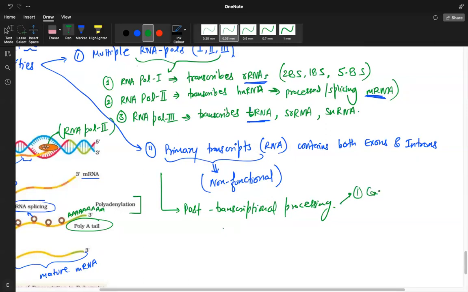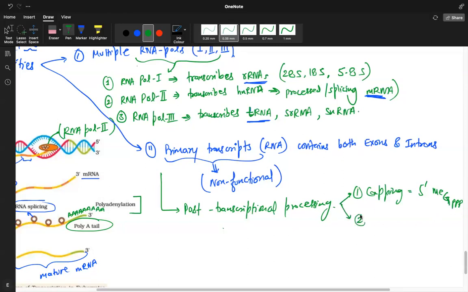One is capping. You put a cap. Capping happens at the 5 prime end, and it is simply methylated guanine triphosphate.